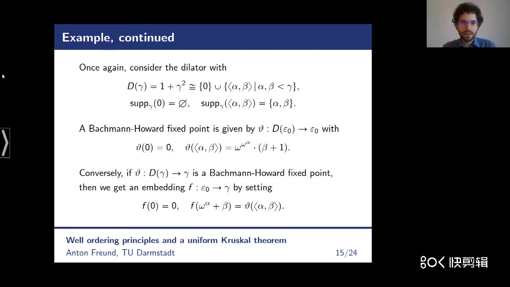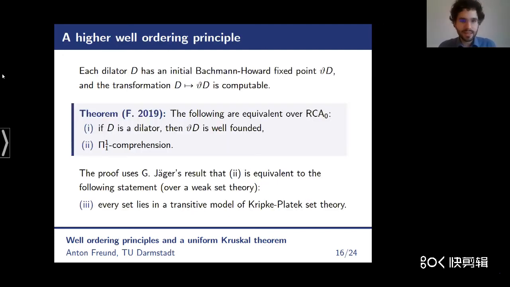Okay, so now I hope that it will get a bit less technical. Namely, I want to state the result that comes out from all this. As I said before, Pi-1 comprehension is a very important principle from reverse mathematics.